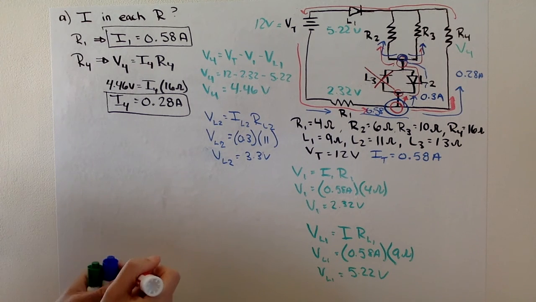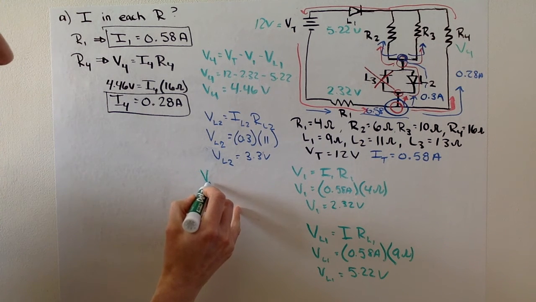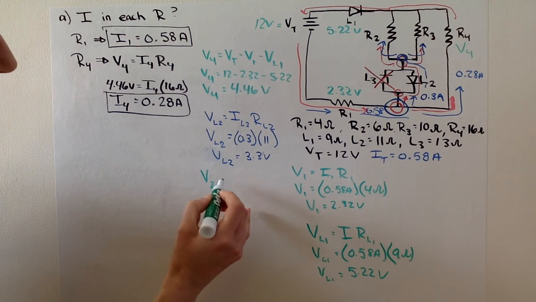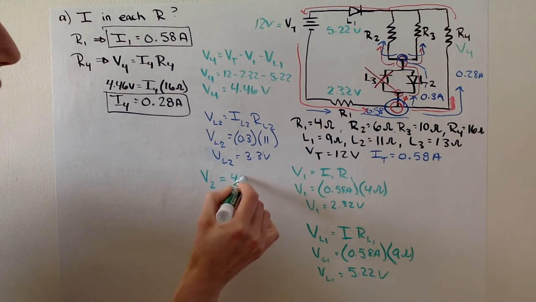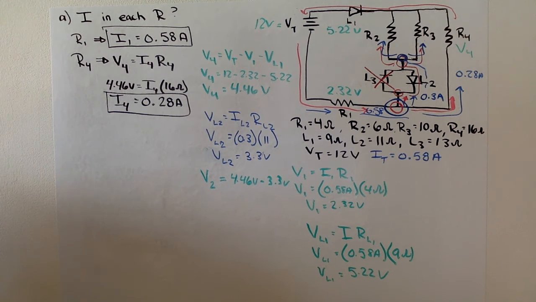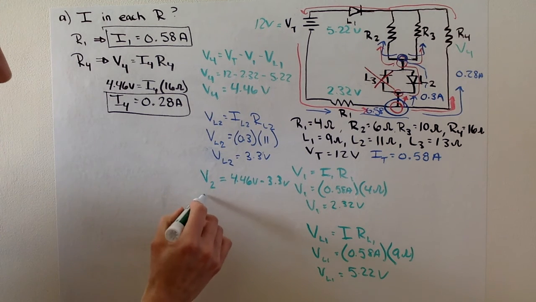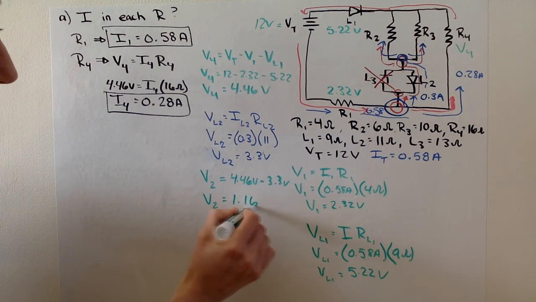So let's do this back in green. To find the voltage drop of R2 first, this is going to be equal to 4.46 volts minus 3.3. So 4.46 minus 3.3 gives me the voltage drop over resistor 2 as being 1.16 volts.